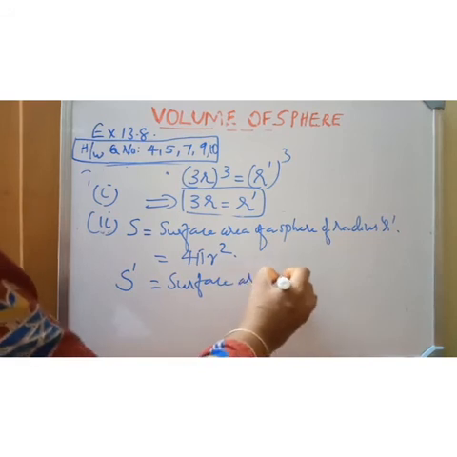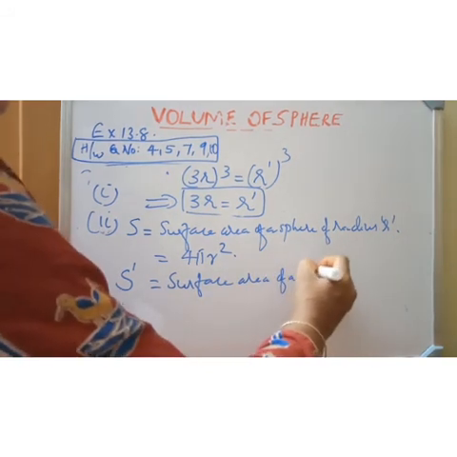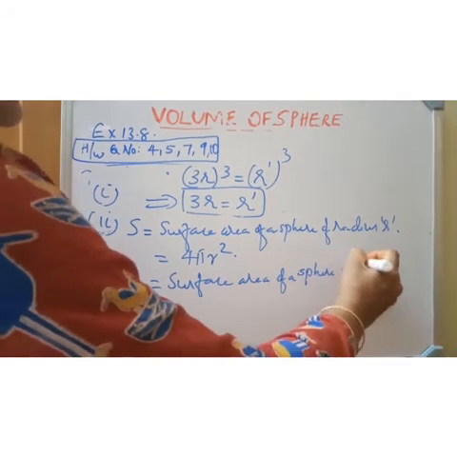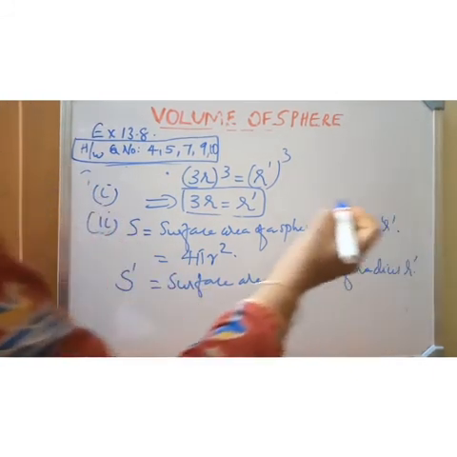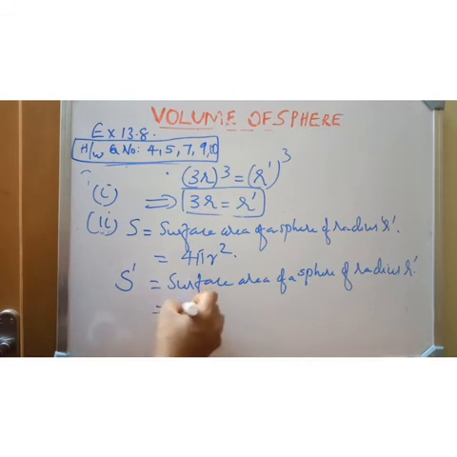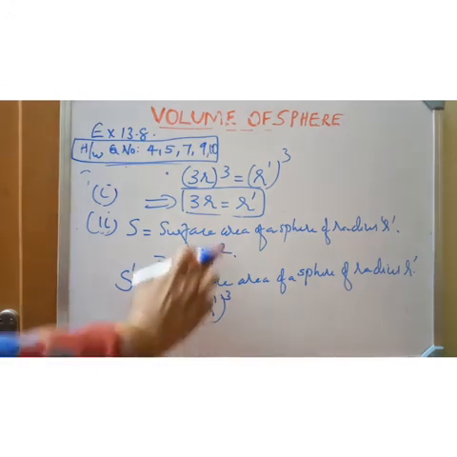Surface area of a sphere of radius r dash. So what will be the formula, children? 4 pi r dash the whole square. But r dash we know is 3r.